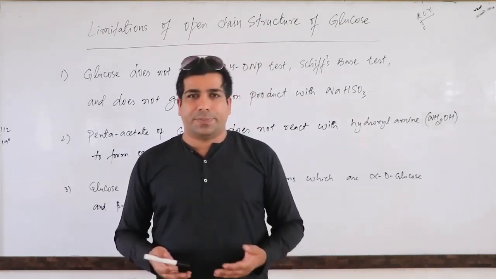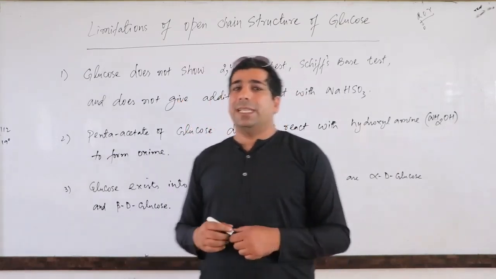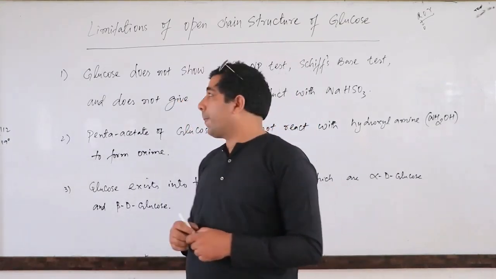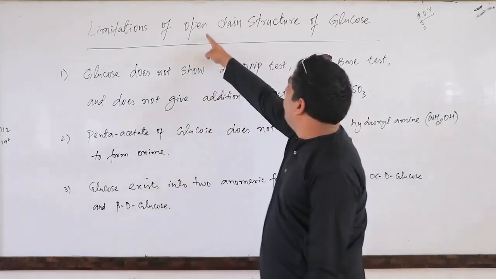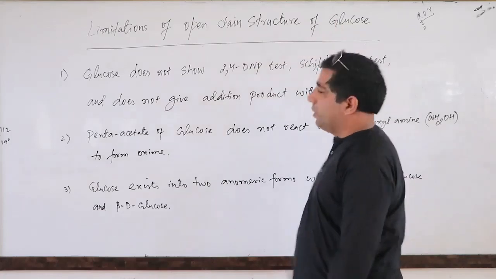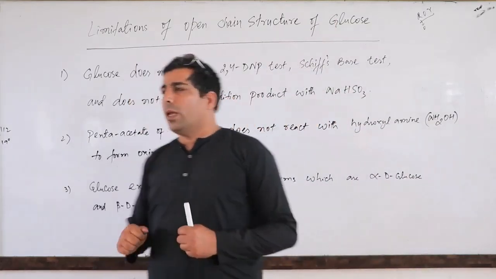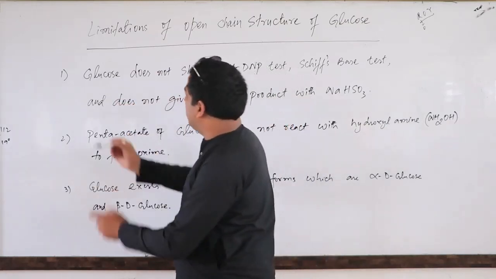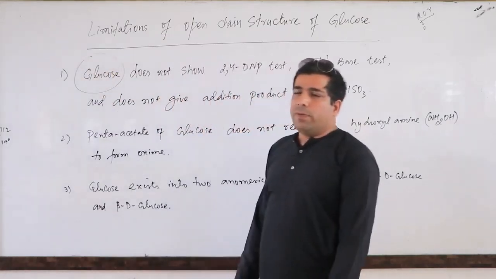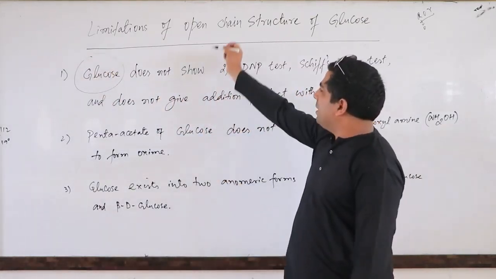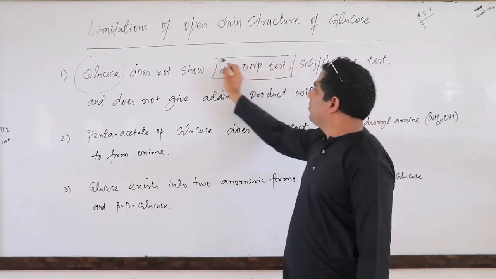Apart from that, let's understand today the limitations of the open chain structure of glucose, which we discussed previously. If you take the open chain structure of a glucose molecule, you will find that it does not give this test.